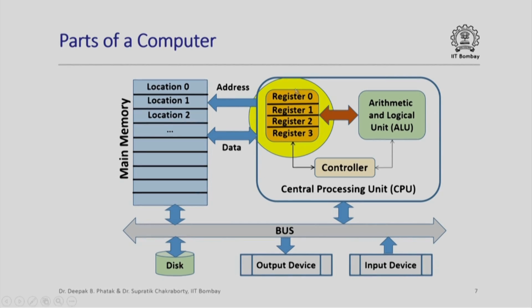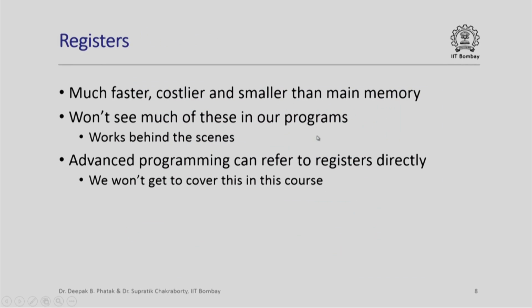Let us now focus on another part of a computer, which is the set of registers or the bank of registers. Now registers are pretty much like main memory, except that they are much faster. You can read and write from registers much faster than you can do from main memory, and of course you pay a price for it. They are much more costlier.